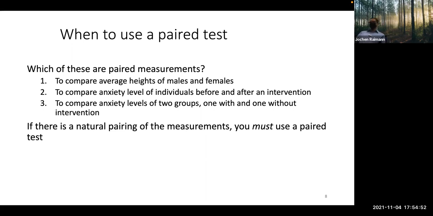Yes, it's two. Before and after: one thing that always prompts you for a paired setting is a chronological order. So before and after screams paired setting. Keep that in mind, because that's something that could come on the quiz.